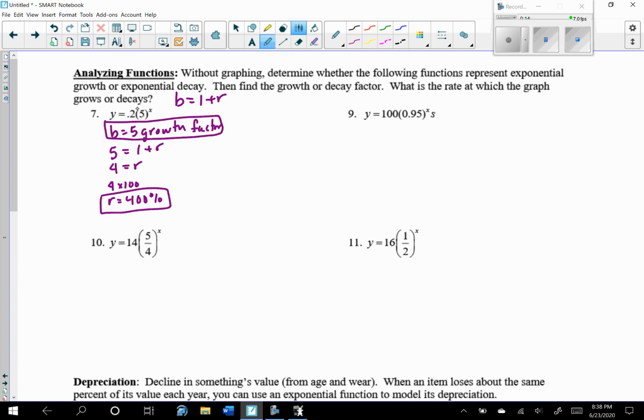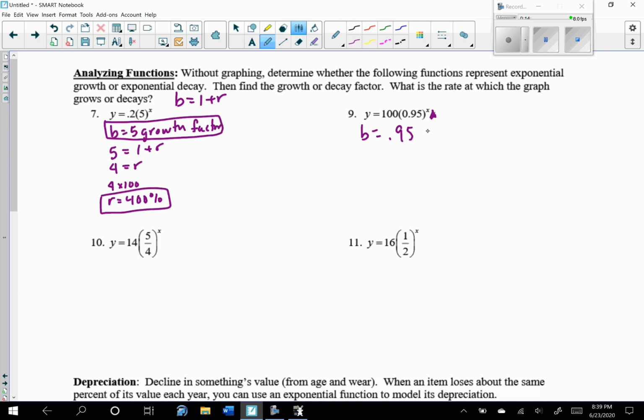So go ahead and do the other 3 problems. When you're done, you can unpause the video to check your work. So for question 9, b is equal to 0.95, and that s should not be there, it's just to the power of x, that was just an accident.